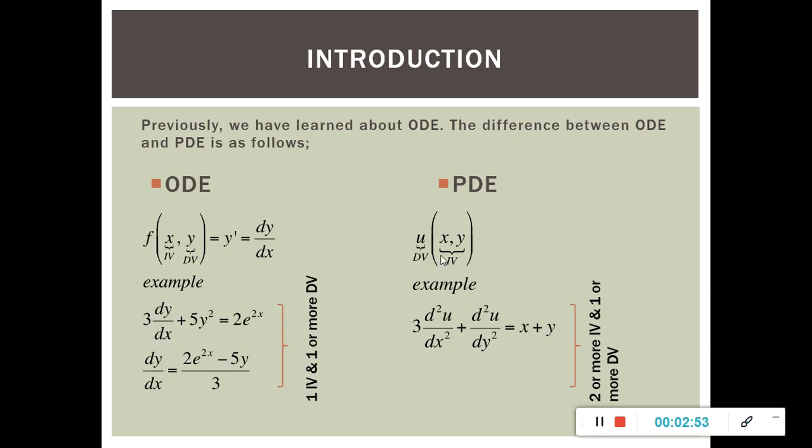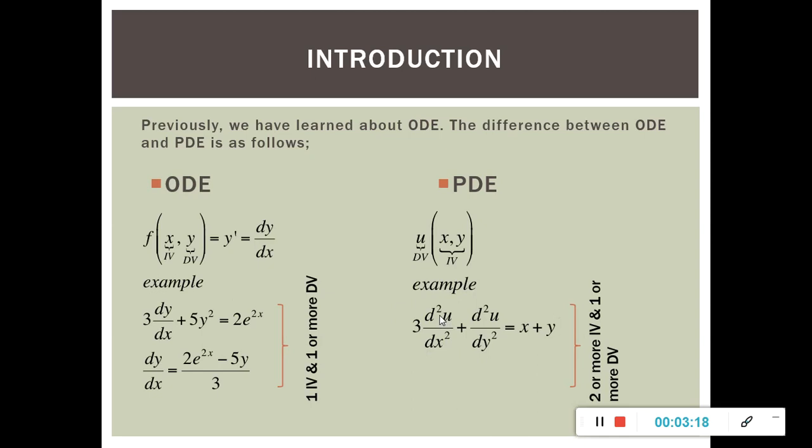However, for the partial differential equation, the equation is normally written like this, a function u of the independent variables x or y. This is an example of how the equation is written.